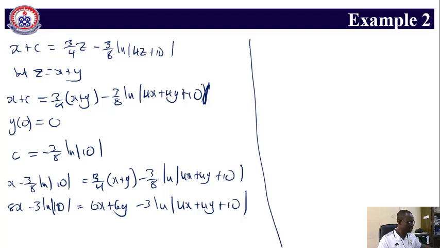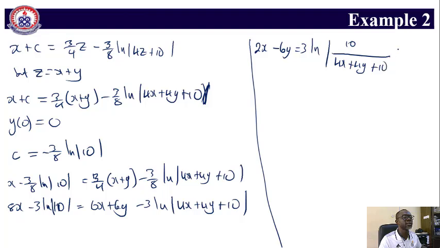If you further simplify by moving the ln to this side and bringing the 6x here, you're going to get 2x minus 6y equals 3 times ln of 10 divided by 4x plus 4y plus 10.